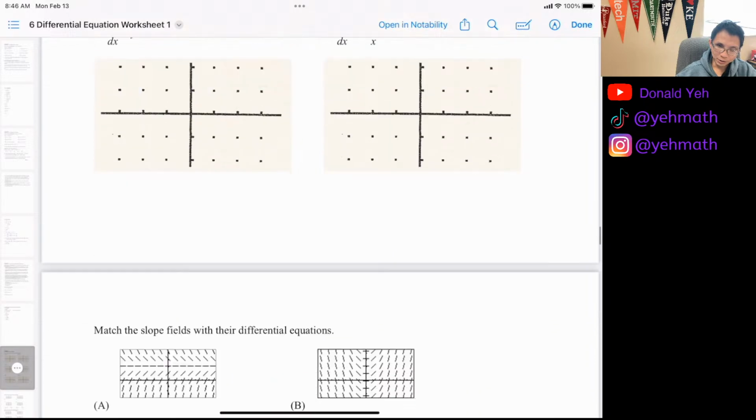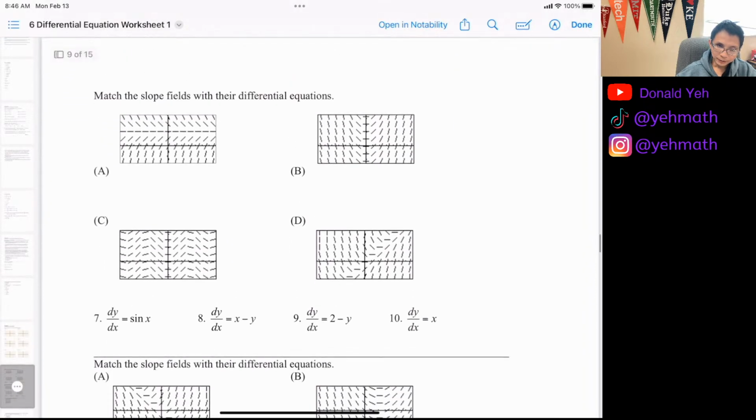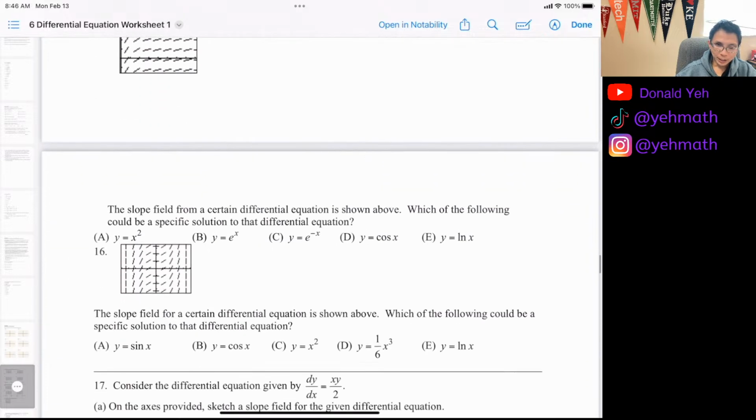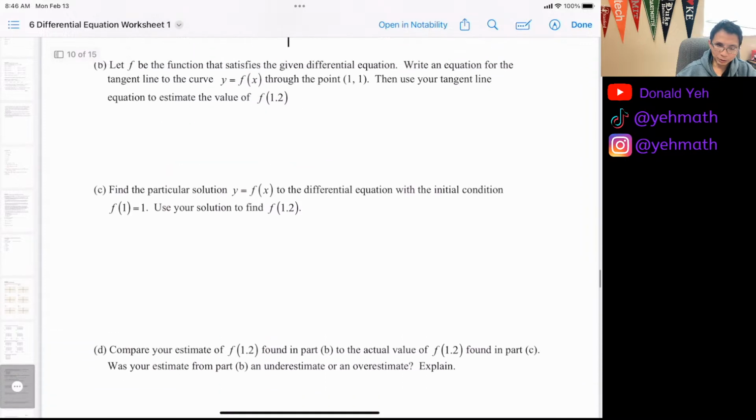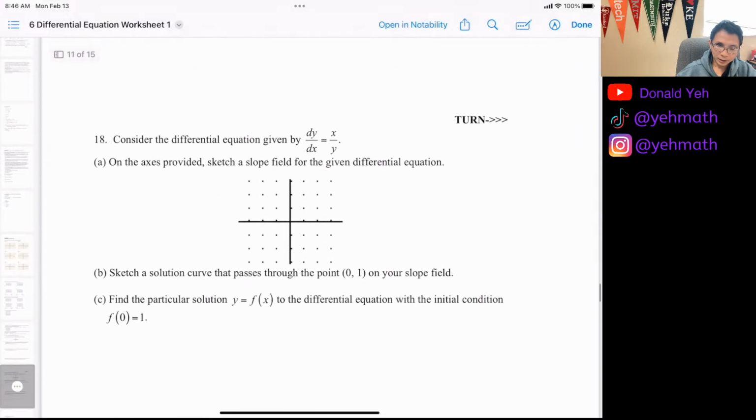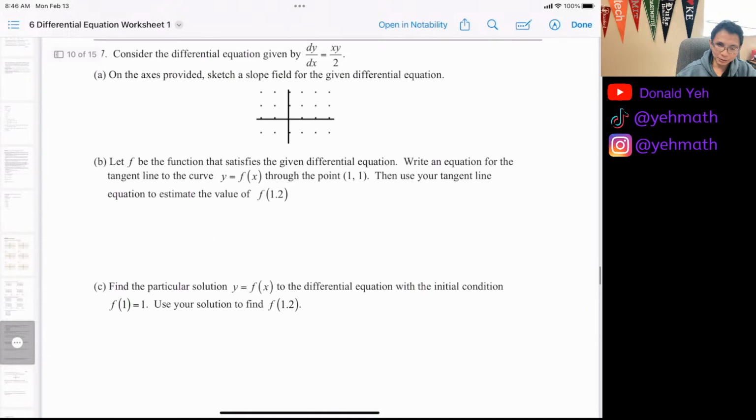You're going to have to do all the slope fields here, and you're going to have to do matching. So for example, this one you want to match. Which slope field is going to be matched with this one? The best thing is to figure out where the zero slope is. If you can figure out the zero slope, you can figure out how to win the matching part. And then all the way through, you've got question 17, question 18. So these are the last questions.